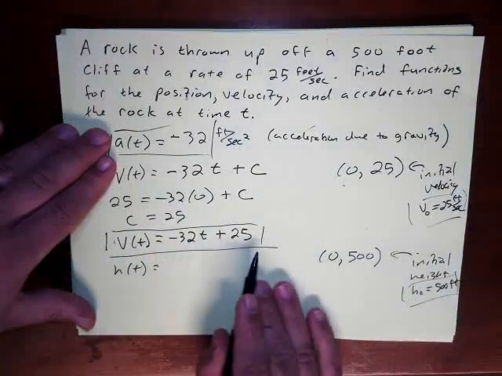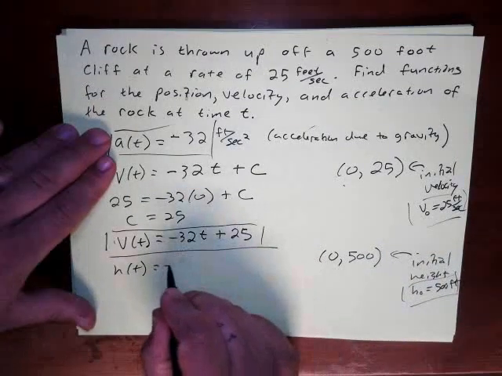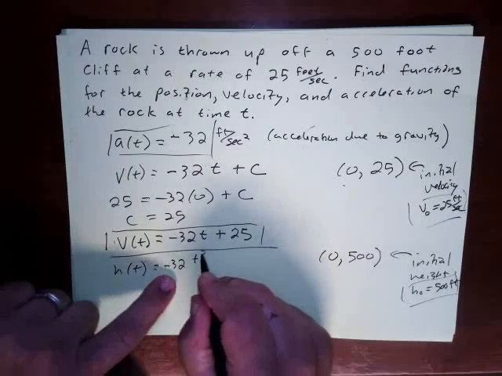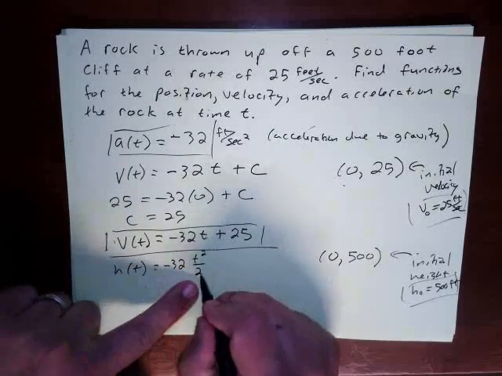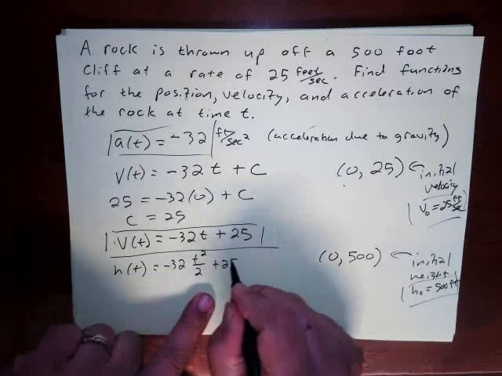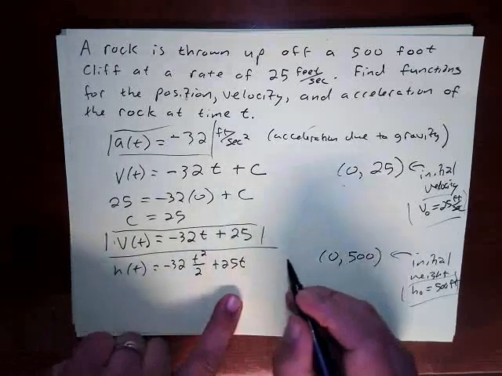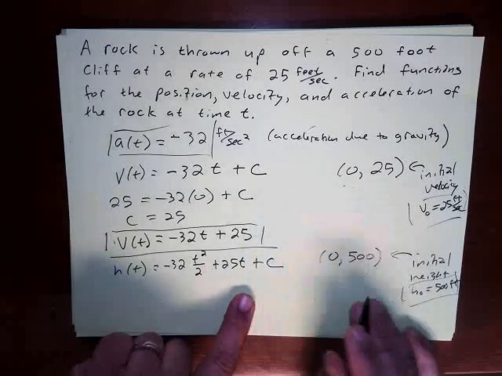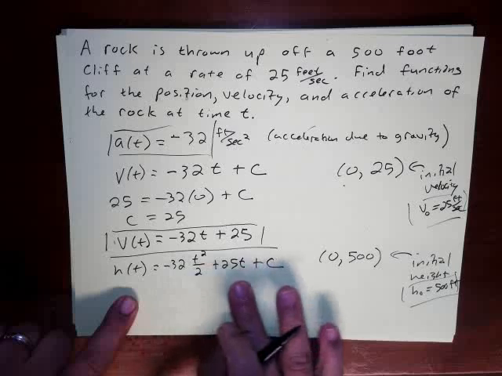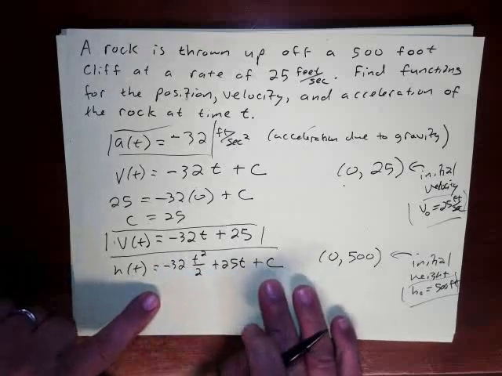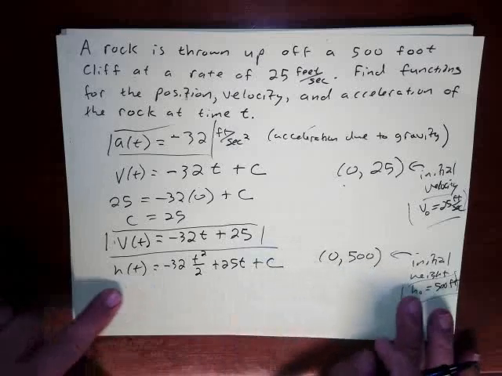So taking the antiderivative of this, this is like a constant multiple, I'm going to use the power rule for this, okay, and then this will be just 25t, and then I'm going to add a plus c. So this would be like my general antiderivative, but then we have this initial condition.